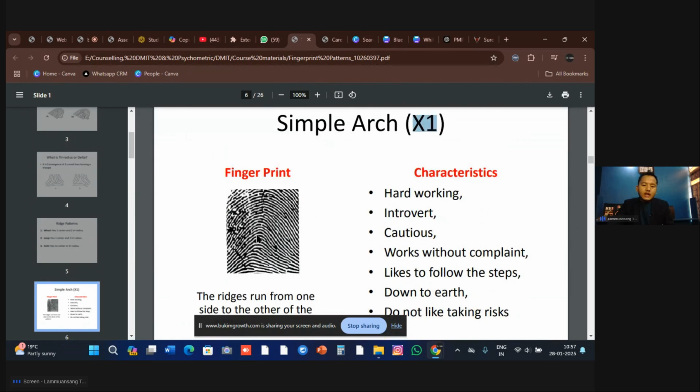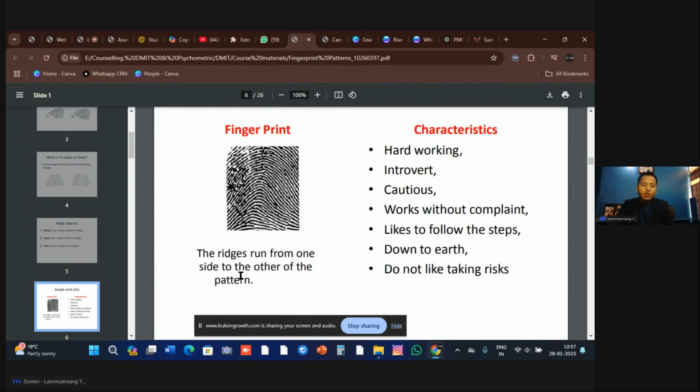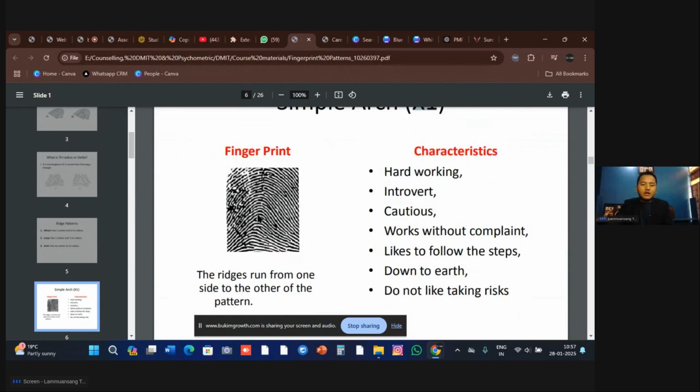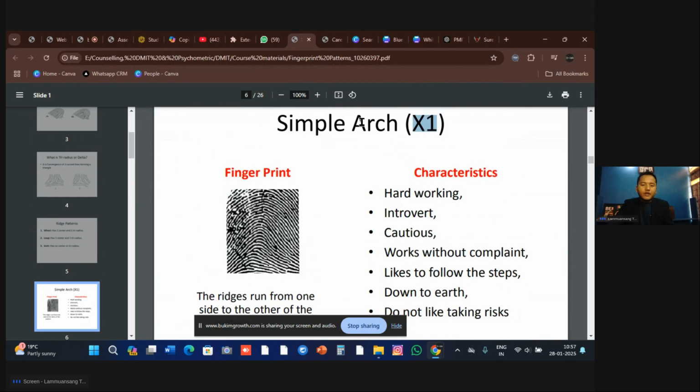Whenever you see a mountain-like pattern, where the ridge runs from one side of the pattern to the other, that is an arc. Arc is always what? No center, no tri-radius. Am I right? You will not be able to see a center here, and no tri-radius either. These people are hardworking, introvert, cautious, work without complaint, like to follow the steps, down to earth, and do not like taking risks.